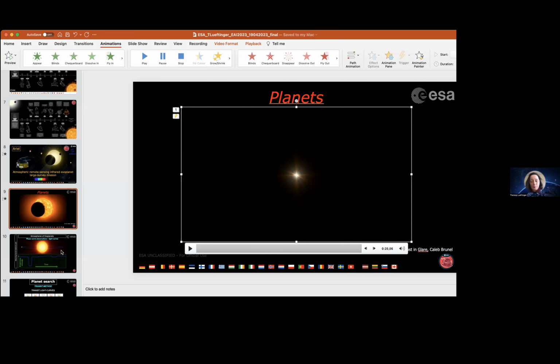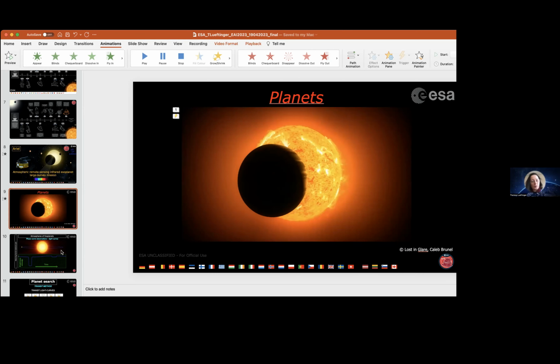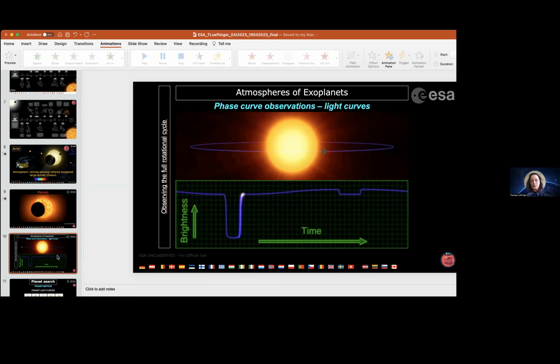Several instruments have been developed already, as I've mentioned, also telescopes on the ground for exoplanet observations. One of the methods used is the so-called transit method, where we take advantage of the fact that some of the many planets that are likely out there in space transit in front of the star in our line of sight. When the planet is moving around the star, it crosses our line of sight.